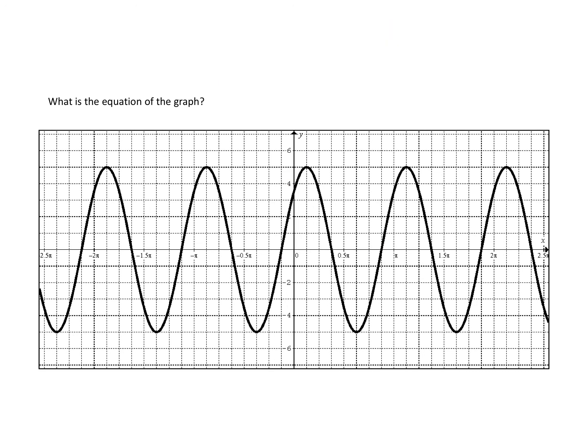Here's another example. This time, our amplitude is going to be 5. Our period, if we were to say start here and go to here, that's 1 full cycle. As you can see, that's the length of pi. So if our period is pi, we know 2 pi over b equals pi, so b equals 2.